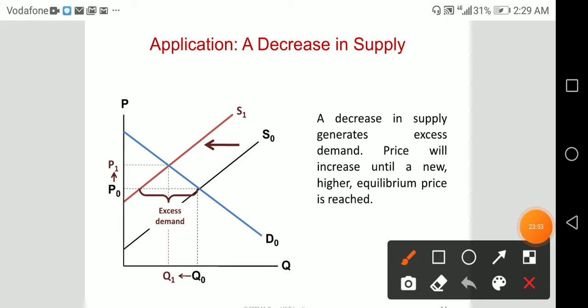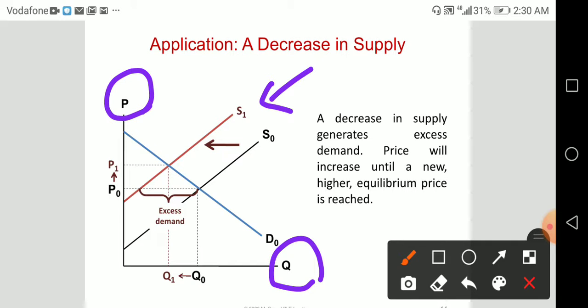Okay, so this is what happened. What happened here? We have the price and the quantity, and I'm having a supply curve, the black one, and the demand curve, the blue one.